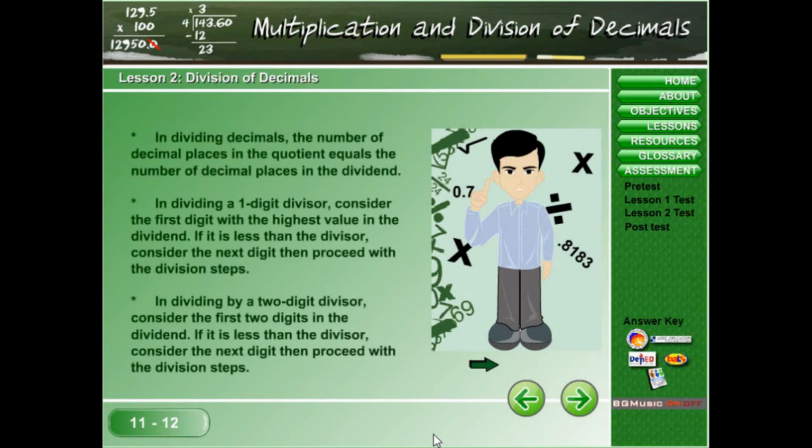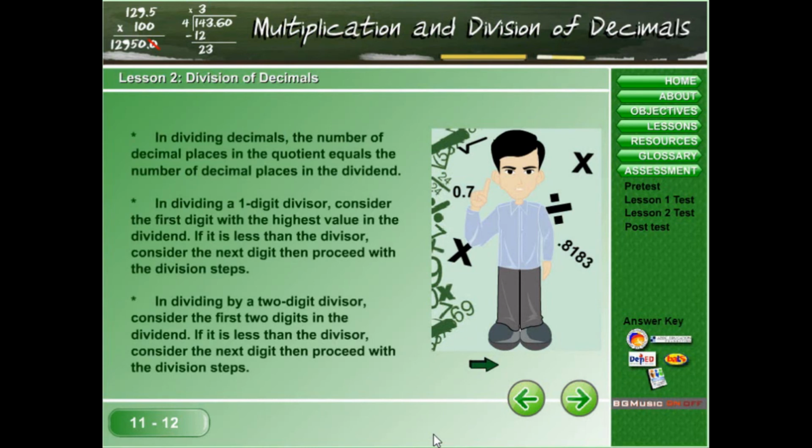In dividing decimals, the number of decimal places in the quotient equals the number of decimal places in the dividend. In dividing a one-digit divisor, consider the first digit with the highest value in the dividend. If it is less than the divisor, consider the next digit, then proceed with the division steps.